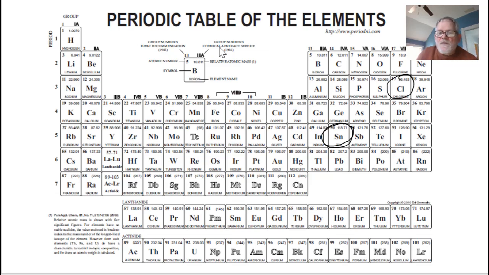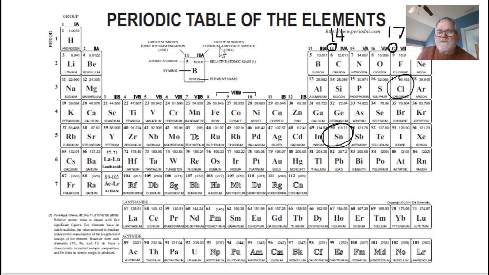Okay, now notice that tin is in column 14, right? Here's the little 14. And then chlorine is in column 17, right here.